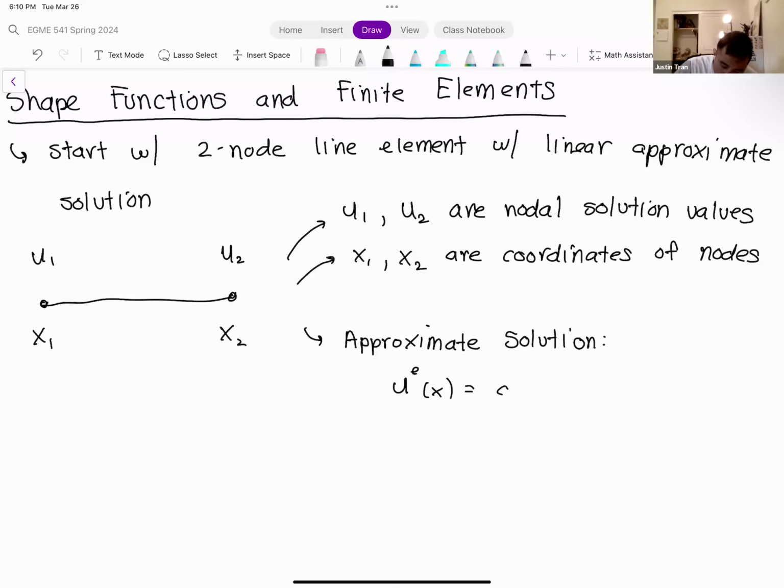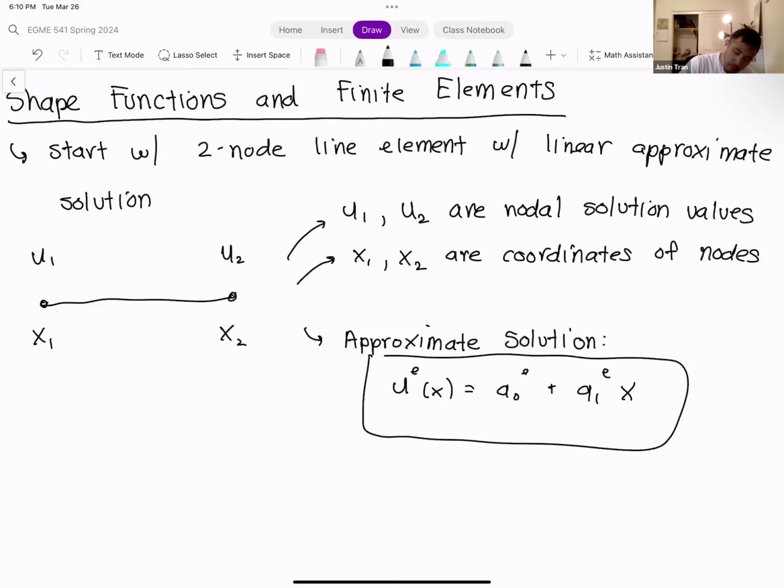We have a0^e plus a1^e x. And just like we did with our weak form solution, the first example that we did today, our goal here is to find out what are the best values for a0 and a1.